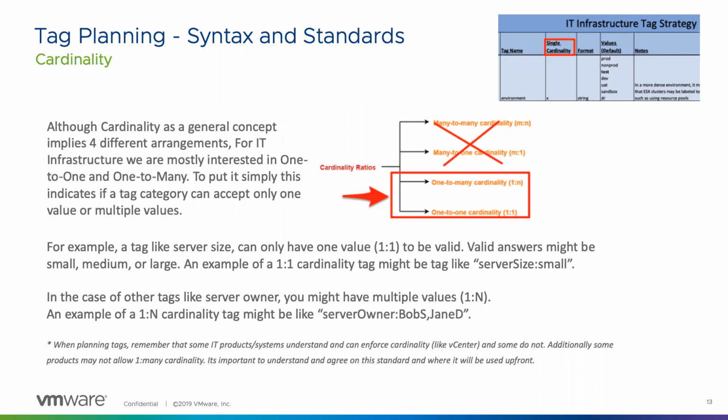So it's always one-to-many or one-to-one. Also, it's important to understand that certain systems that will be participating in this tag strategy may not always support one-to-many cardinality. Again, we can't emphasize enough that we want to be doing a lot of upfront planning before we go implement.